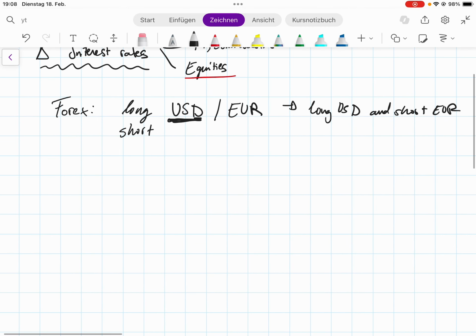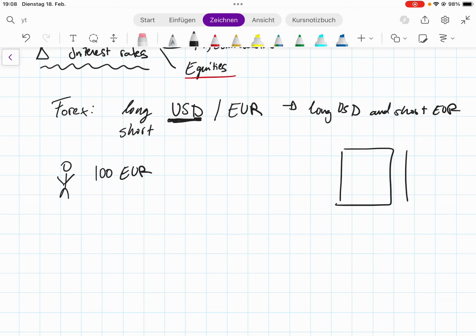Okay, let's have a look at what happens. Let's imagine we have Mr. Tom, and he has 100 euro, and he has the following investment options.